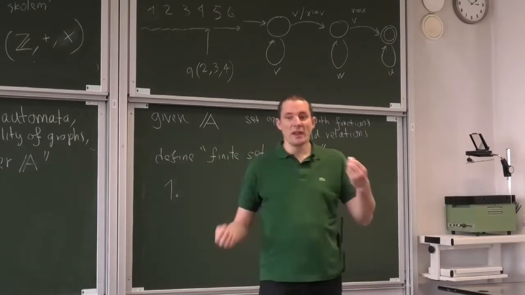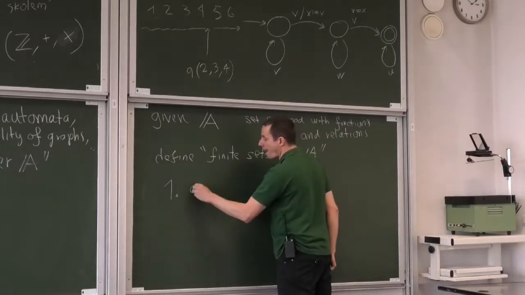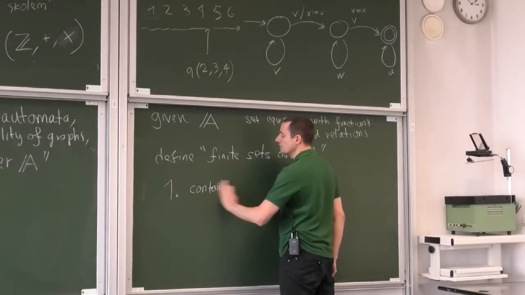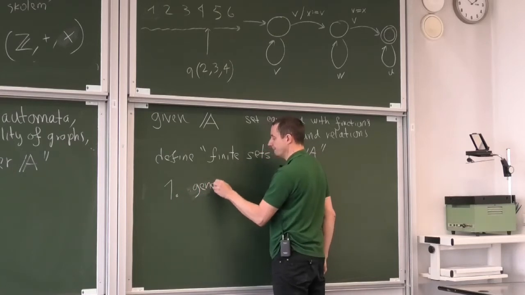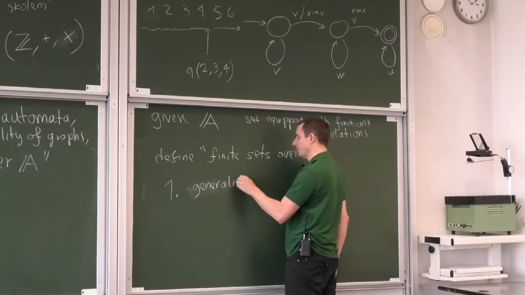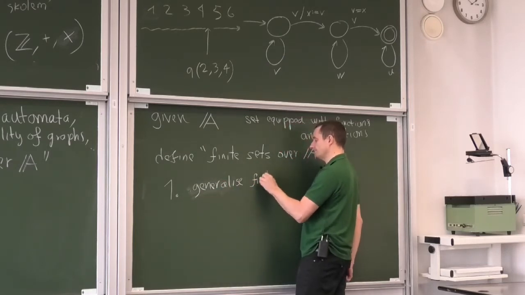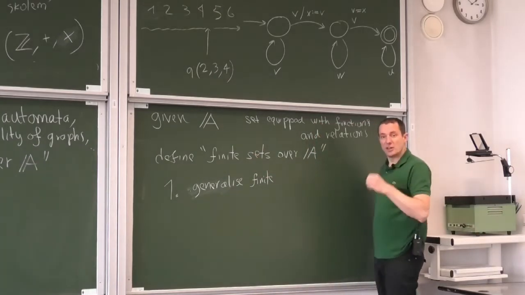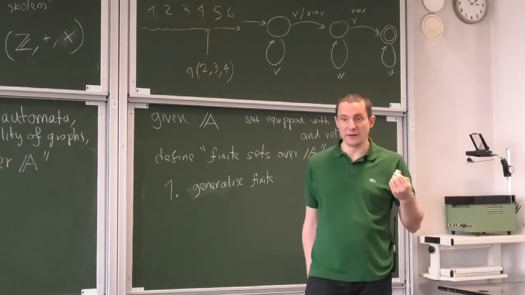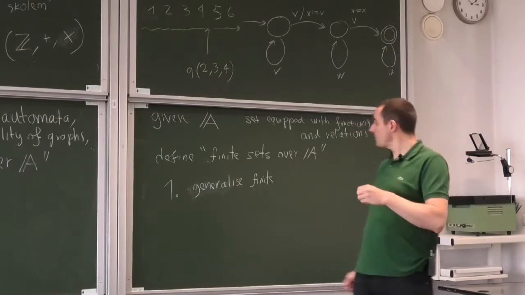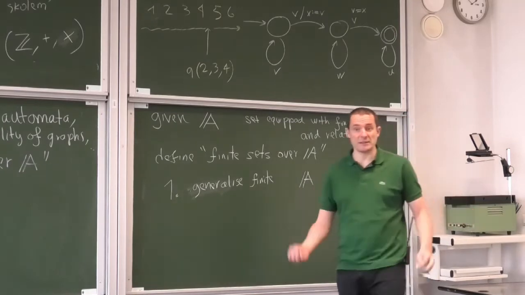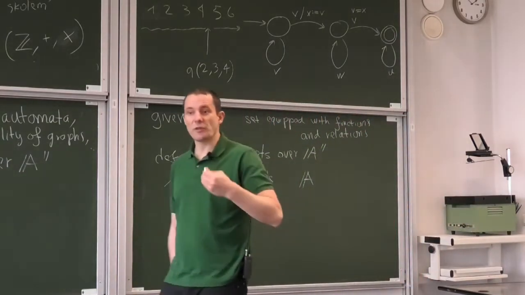So we wanted to capture, contain, well, generalize the usual finite sets. Every finite set in the usual sense should also be finite in this sense, but there should be more examples. For example, the entire universe of the structure should be a finite set. That's one thing we would like to have.